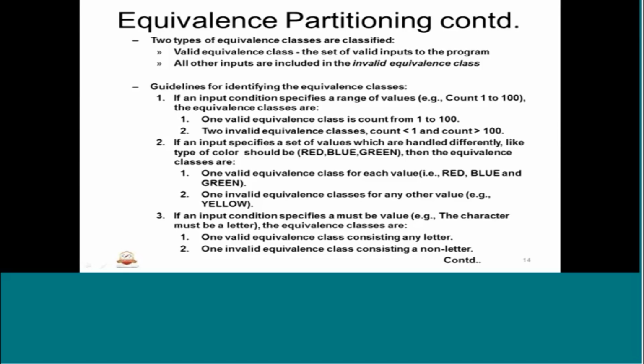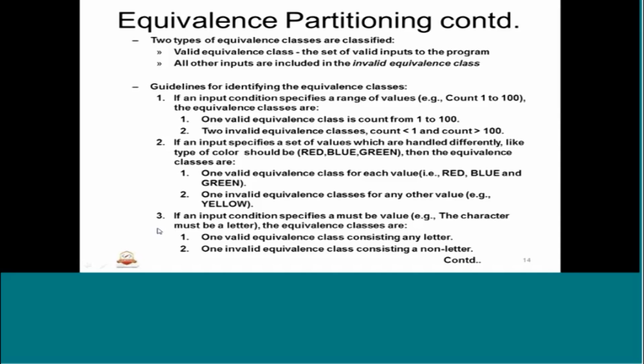We have one valid equivalence class for each value: red, then blue, then green. And one more invalid equivalence class, like maybe white or yellow.